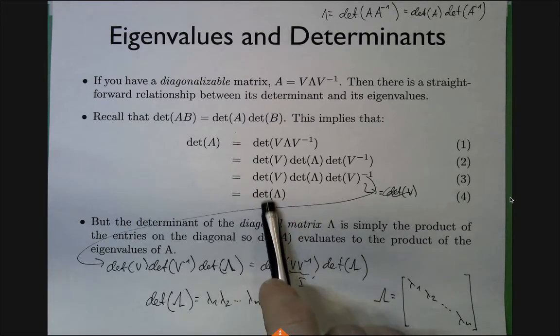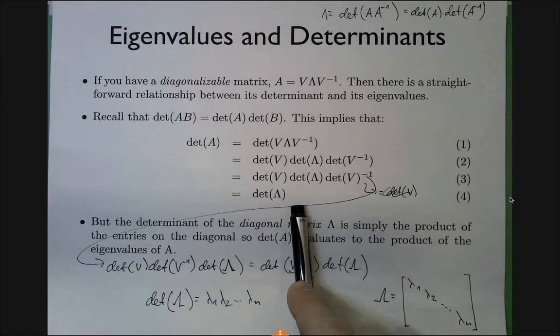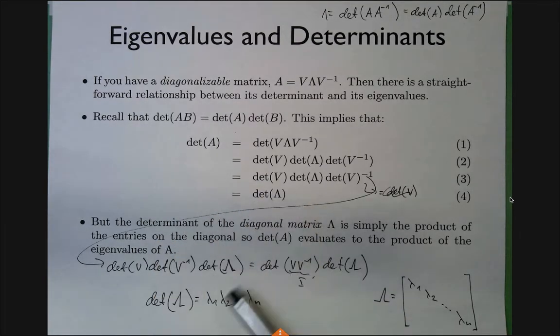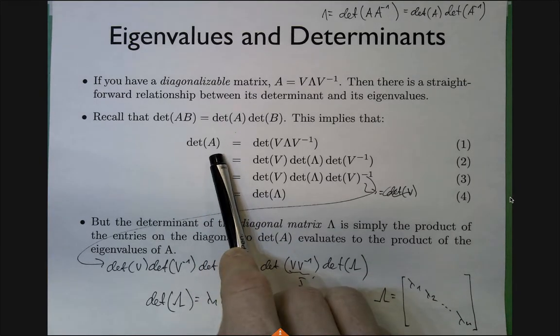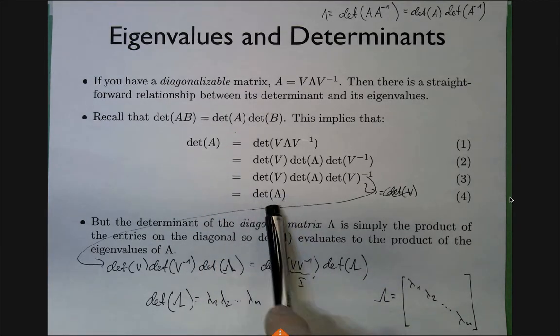So that's actually something interesting, right? Because it tells us that the determinant of the matrix is actually equal to the product of the eigenvalues, okay? Which is quite interesting because computing the eigenvalues is sort of difficult, right? You have to find a characteristic polynomial and solve it.